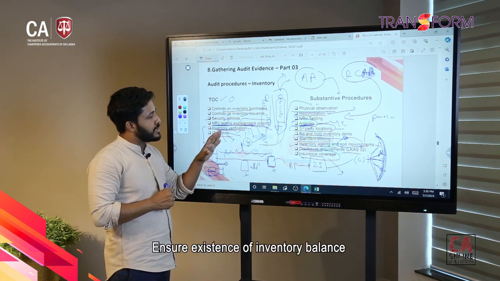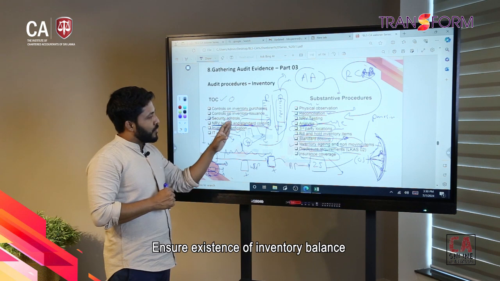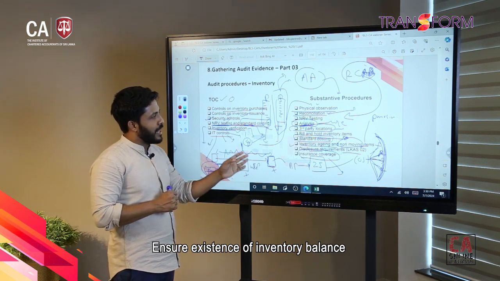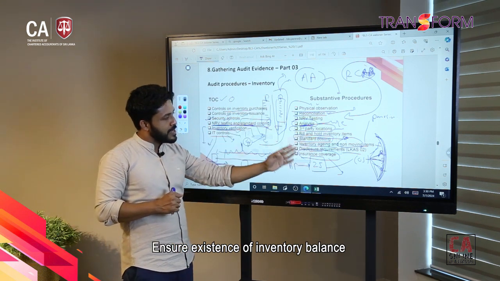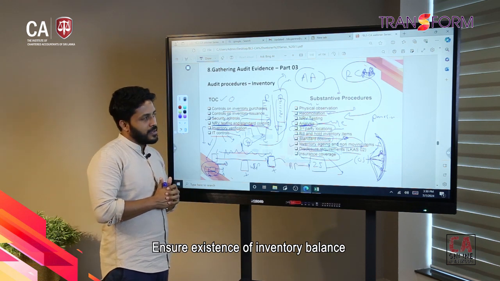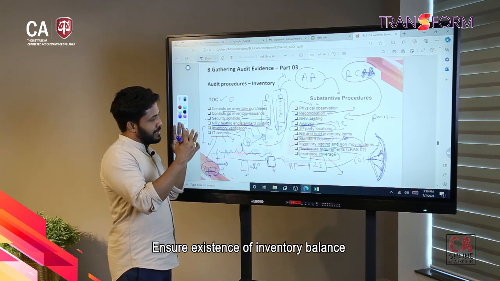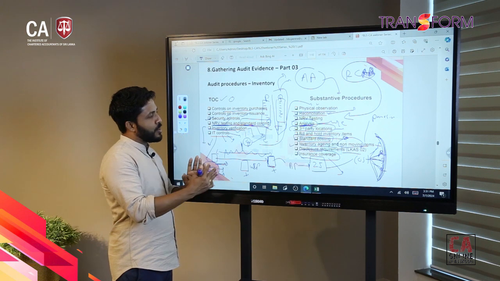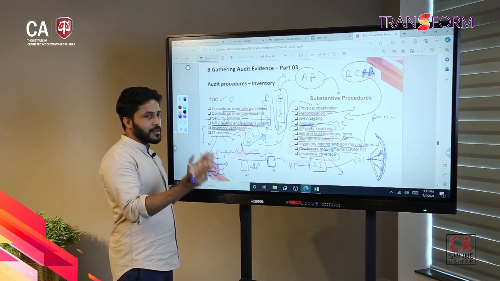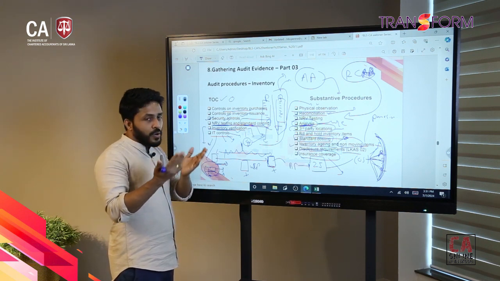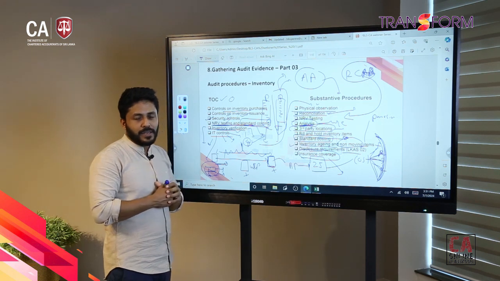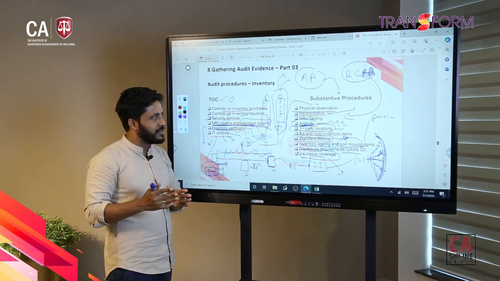So then as an auditor, you can do this type of controls testing, as well as this type of substantive procedures. So this TOC and substantive procedures can be customized according to the inventory nature, according to the industry nature, right?